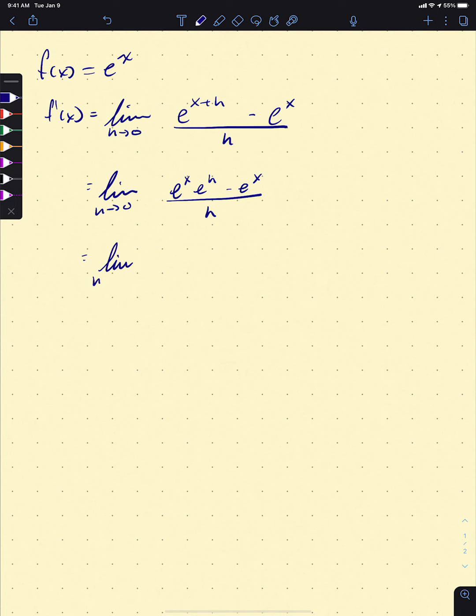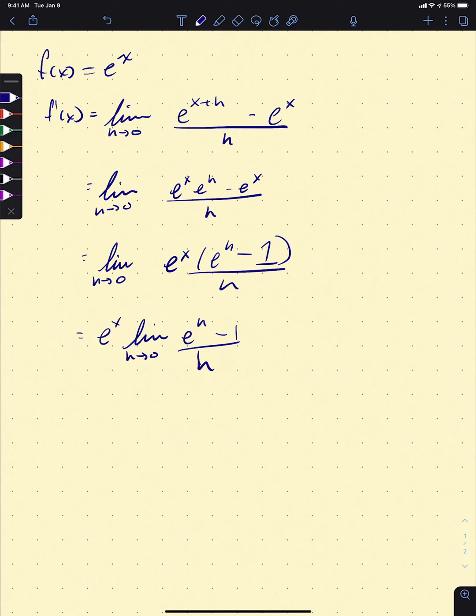And then, making sure we're writing this limit as h goes to 0 every time, we can factor out this e to the x, e to the h minus 1 over h. And then since this e to the x has nothing to do with h, we can actually bring it out front. And then we're left with this, as h goes to 0, of e to the h minus 1 over h.